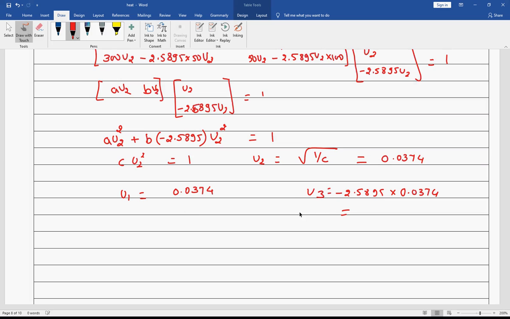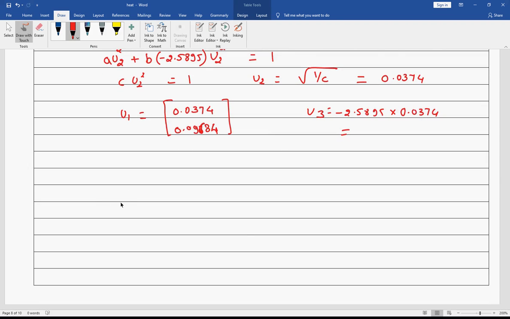So u3 equal to this. This is what we are trying to find out. So I can say 0.09684.